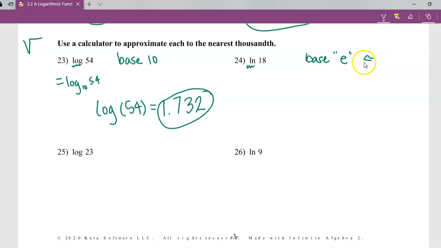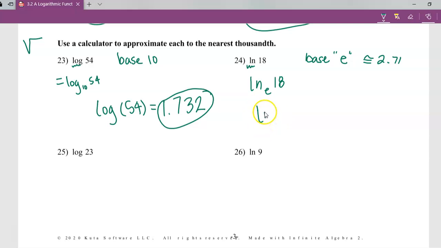E is approximately 2.71. You don't really have to know that. Your calculator knows. And so natural log of 18 is equivalent to log base e of 18. I'm just telling you this so you know what it's talking about when your calculator says either log or ln. If it says log, it's assuming your log is base 10. If it says ln, it's assuming your log is base e.